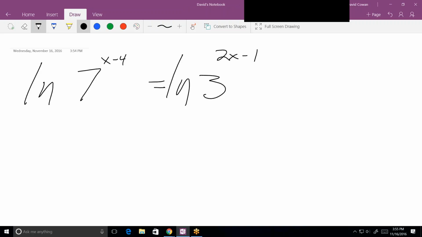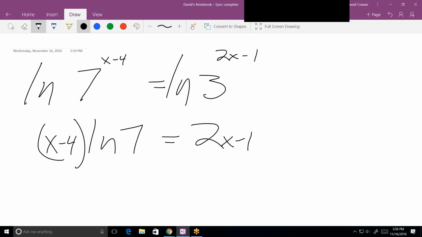In other words, as you go on in your math career, everything's going to be in natural log. So might as well get used to it now and use it whenever you have to take the log of both sides. Now, the advantage of taking the log of both sides is I now turn it into an algebraic expression because I can take that exponent and put it on the algebra line.